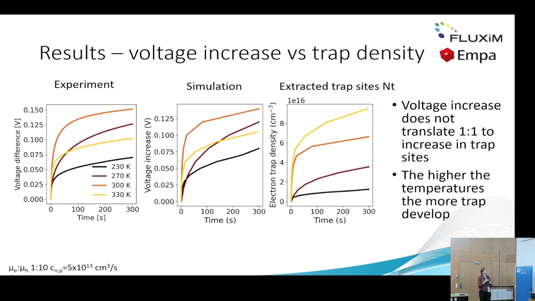Now, why is there the difference between 330 Kelvin being not the highest voltage, but having the highest trap site density? Well, one of the reasons is that we can get quite close to the glass transition temperature at 330 Kelvin, and it is possible that we start to have significant changes inside the device as well. So we don't need to increase the voltage as high to have an effect from the trap sites.